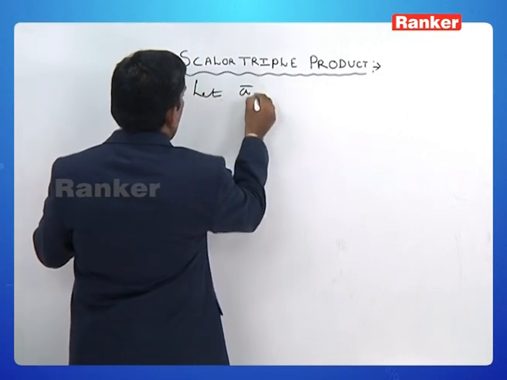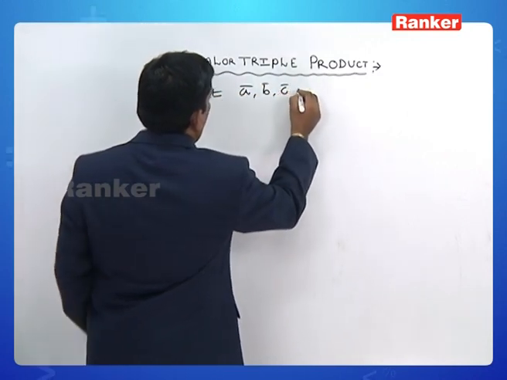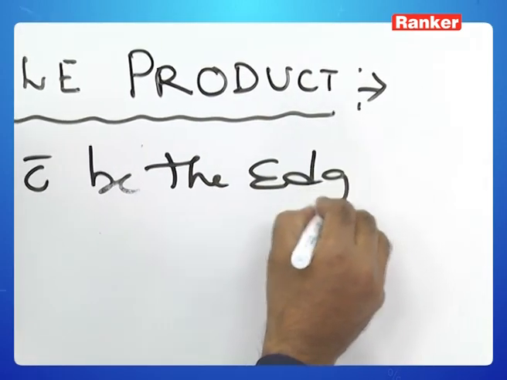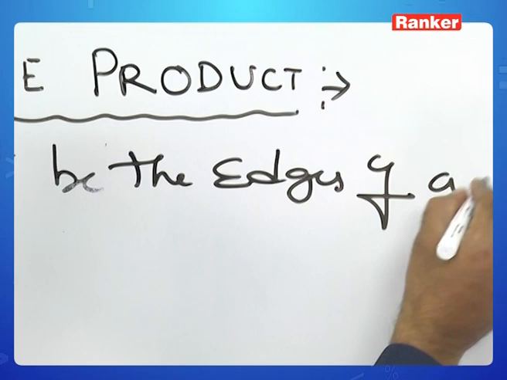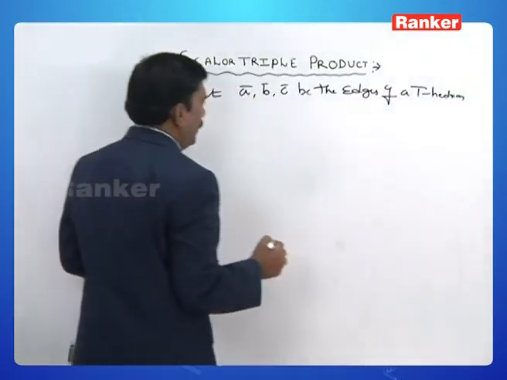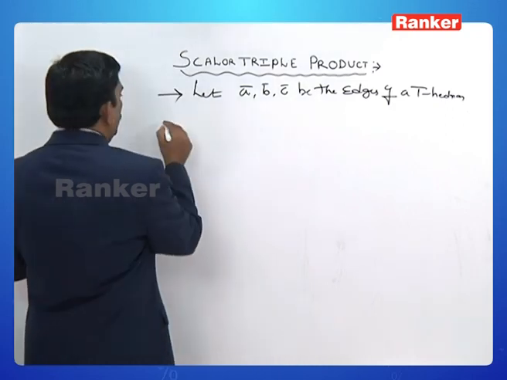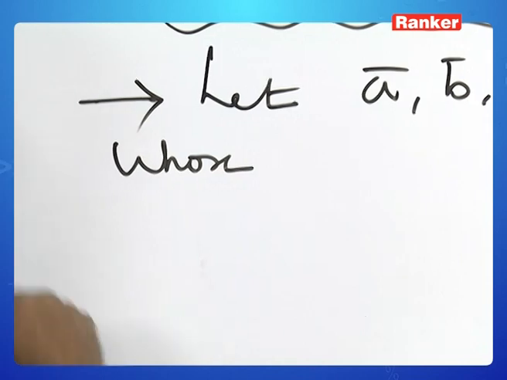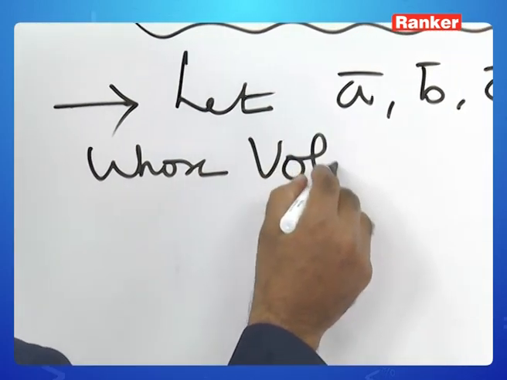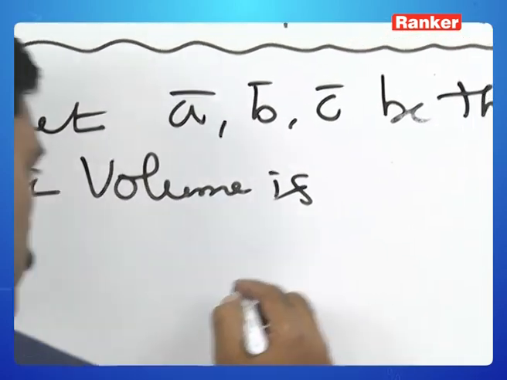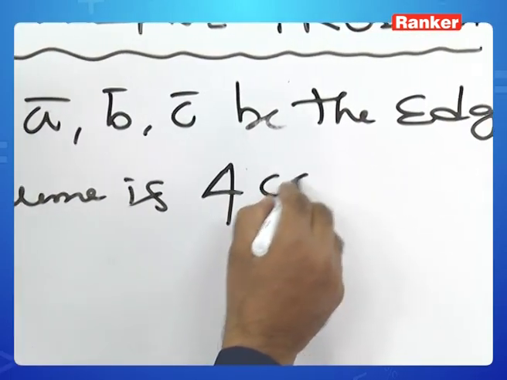Let A bar, B bar, C bar be the edges of a tetrahedron whose volume is 4 cc.